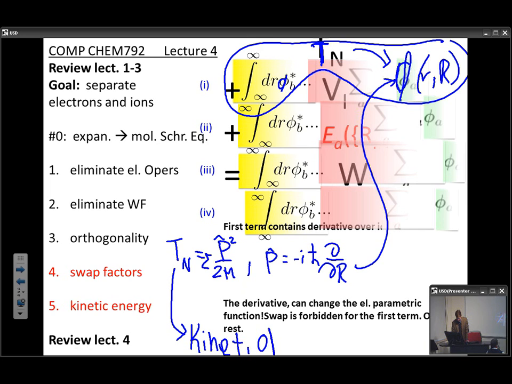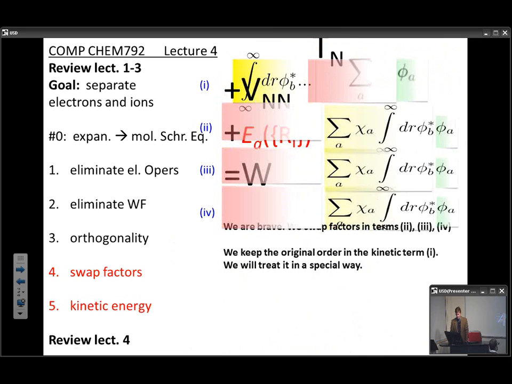The kinetic operator is a derivative, and therefore the first term is important and cannot be done in a simple way. So here's the same thing, just in these ugly diagrams.